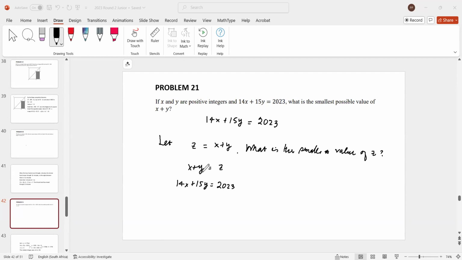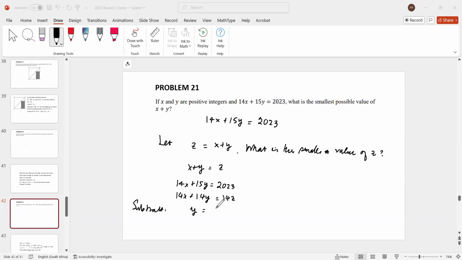When you've got two equations in x and y, you try to get the coefficients to be the same. So here you've got x plus y, and to get the coefficient to be the same, you can multiply by 14 throughout: 14x plus 14y. And then you subtract, and the x's go away. When you subtract these two, you get 15y minus 14y is y.